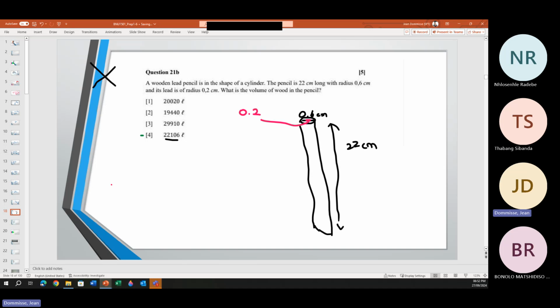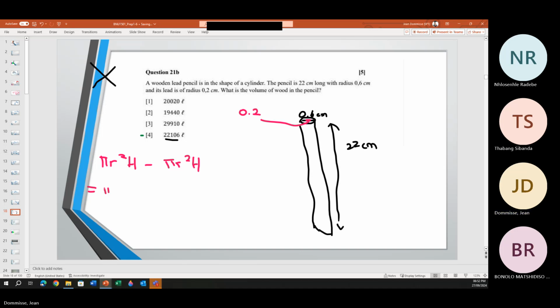Okay, so how we would then work this out is you get the volume of the whole pencil, so pi radius squared times height, and you subtract the component that is the lead, and what is left will be the wood.